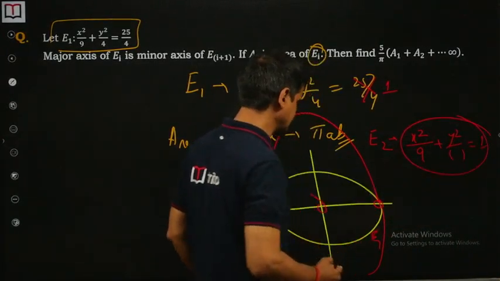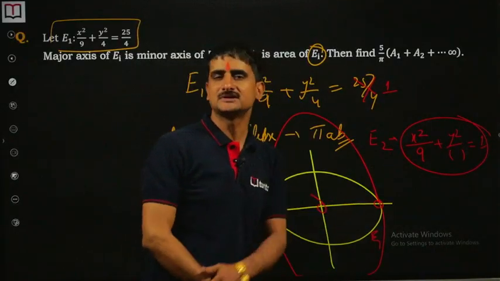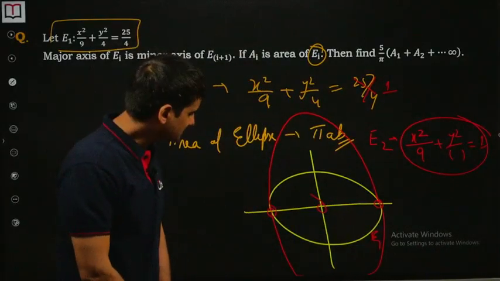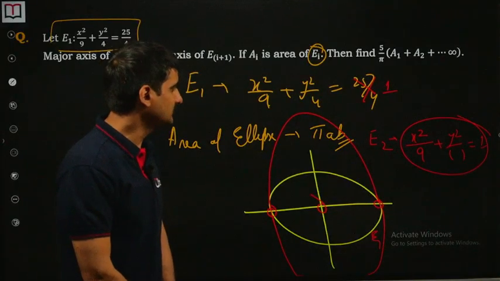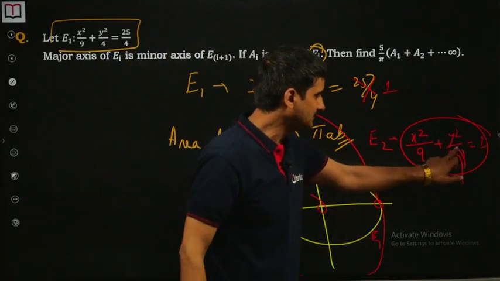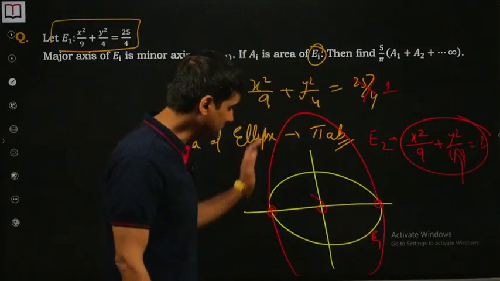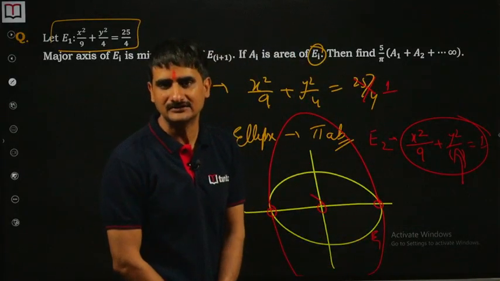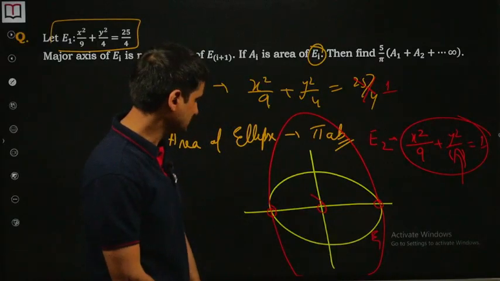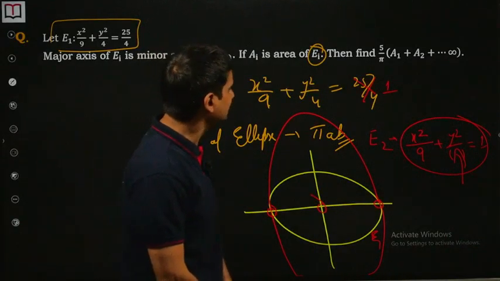Just giving that major axis is the minor axis, is it sufficient to fix the ellipse? I don't think so. How will we get this number? The E2's major axis length, how will we get it is the question here, isn't that? So I think there's something missing.